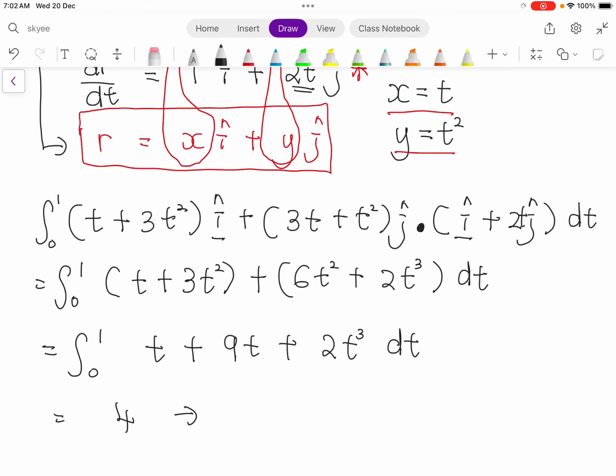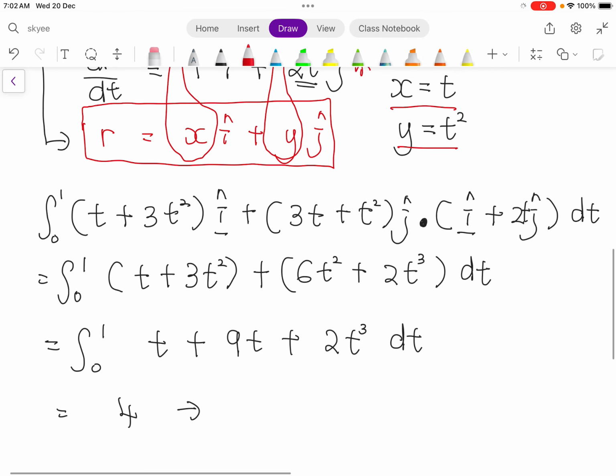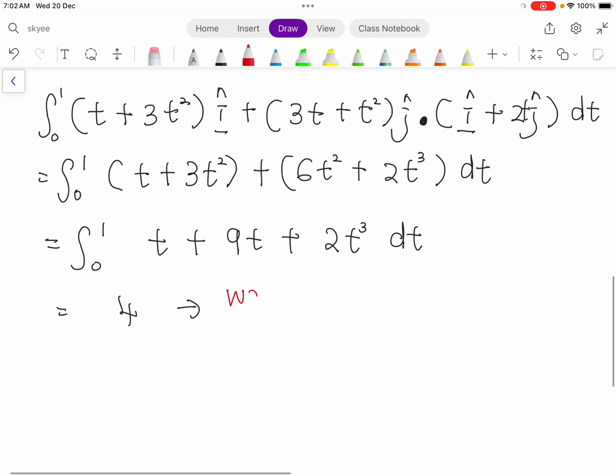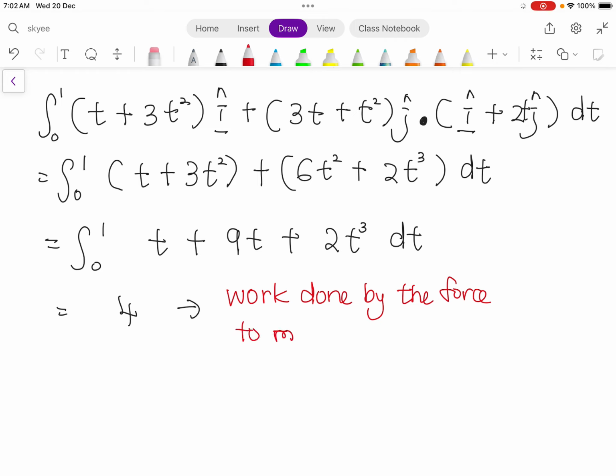This term represents the work done by the force to move, for example, a particle along the curve C.